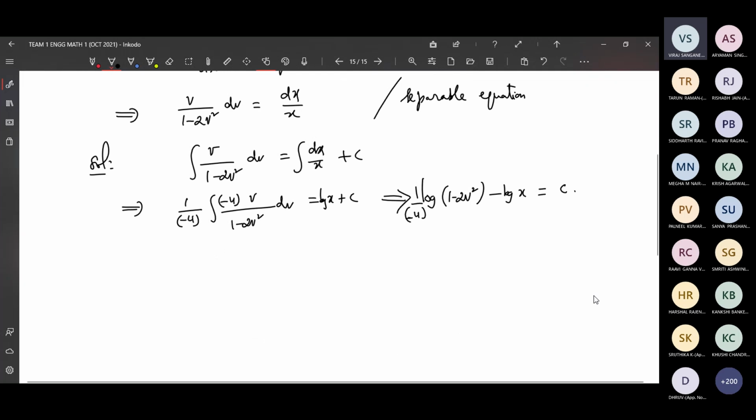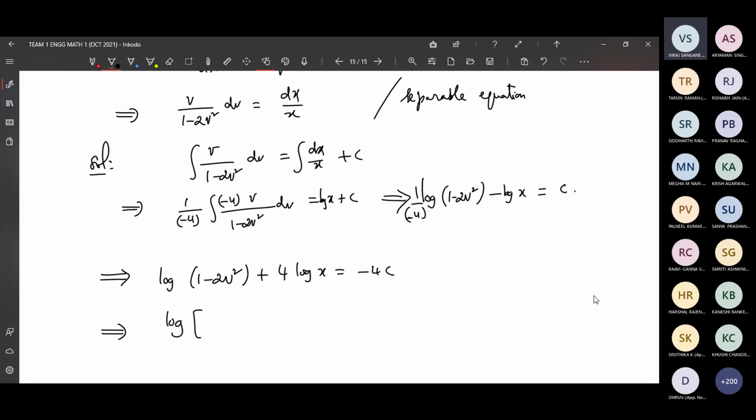So minus 1 by 4 log of 1 minus 2v square minus log x equals c. You can multiply throughout with minus 4, so that this becomes log of 1 minus 2v square. Minus becomes plus because you are multiplying with 4 log x equal to minus 4c. Of course, that is a new constant again.